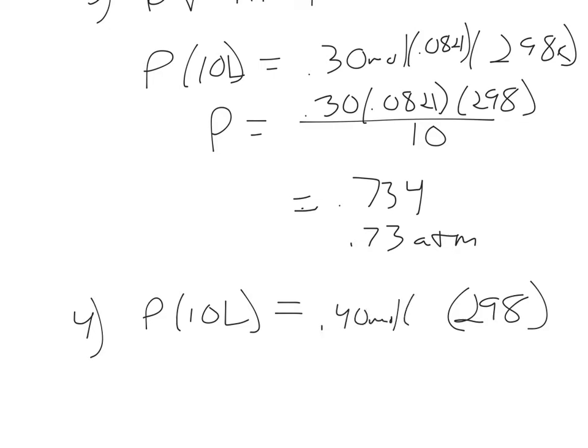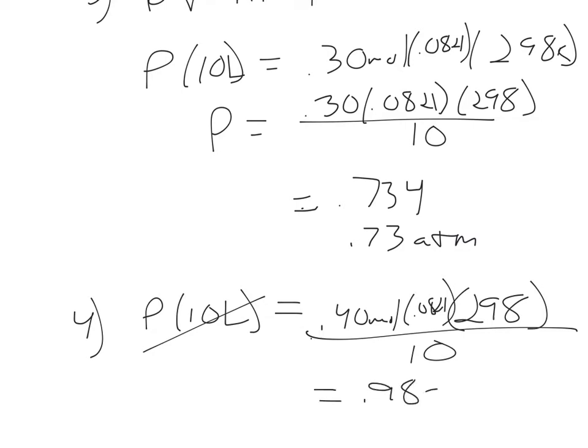We're going to use that 0.0821 here. To get rid of the 10, I'm just going to divide by 10 on both sides. So in the calculator, 0.4 times 0.0821 times 298 divided by 10, and I get something like 0.978, which is about 0.98. So about 0.98 atmospheres.